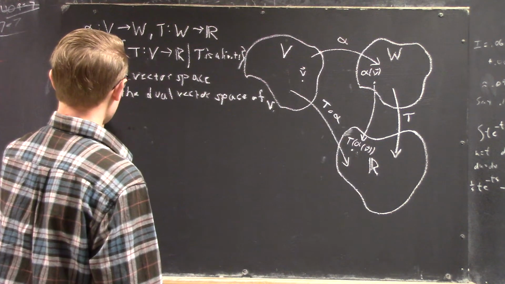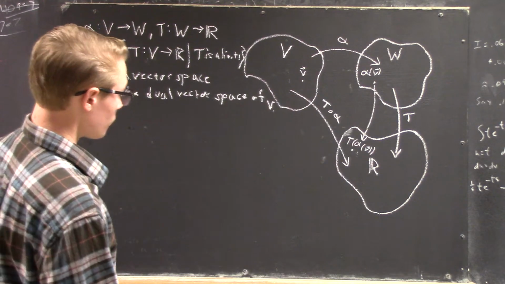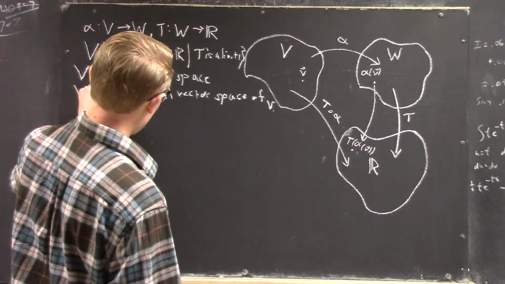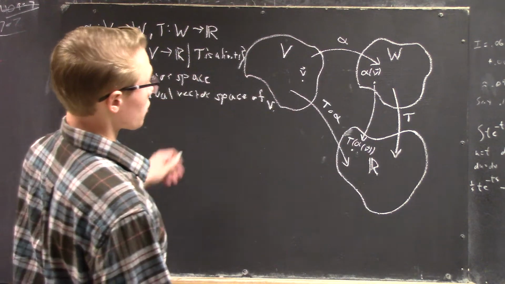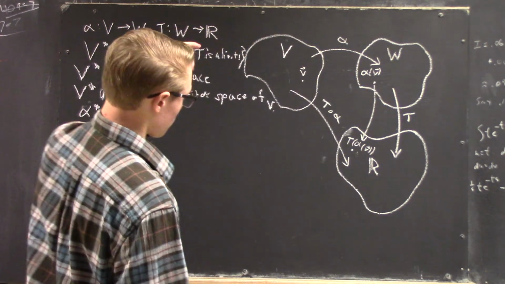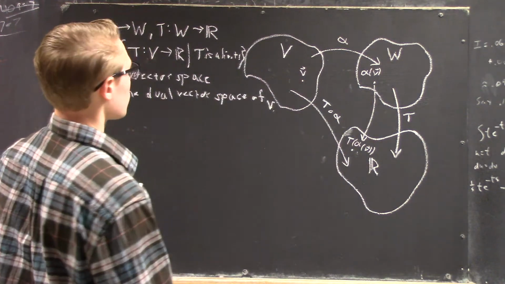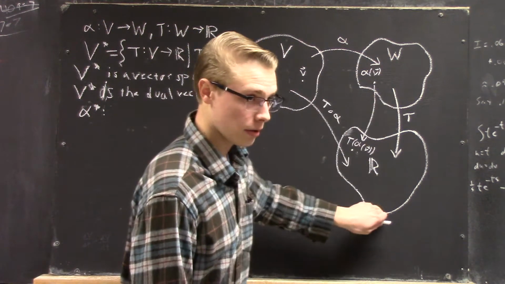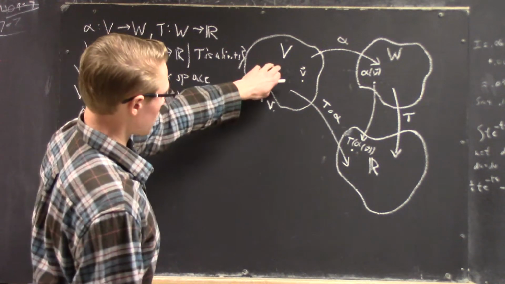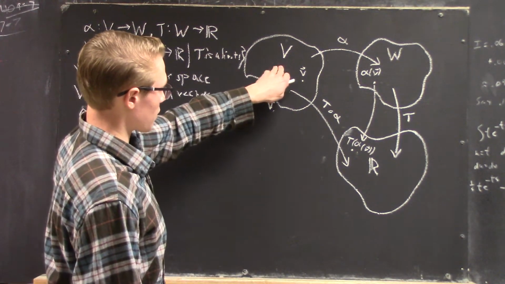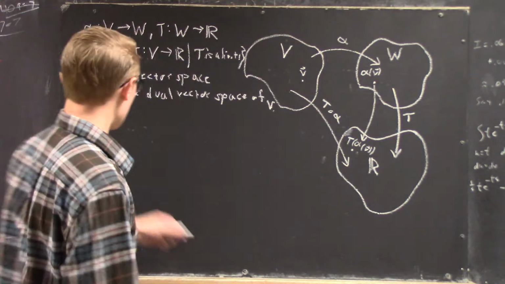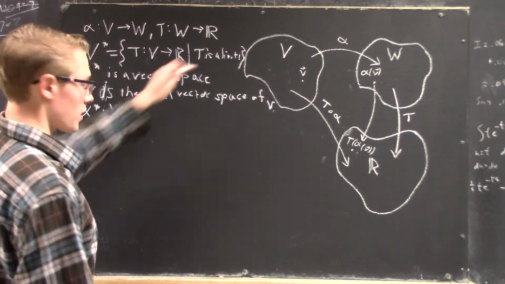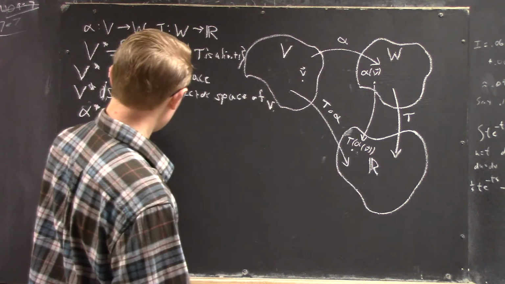The way this transformation is structured is that it is a transformation from the dual vector space of W to the dual vector space of V. Well, the dual vector space of W is all the transformations that go from W to R, and of course that encompasses transformations from V to R. So this is still consistent with these transformations.